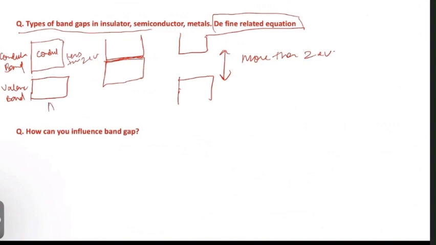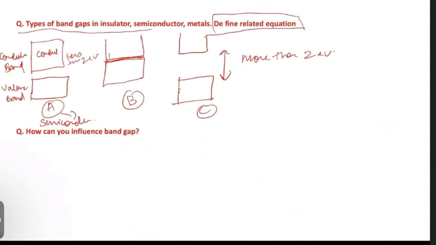So A belongs to which type of material? Is it an insulator, semiconductor or metal? Less than 2, it's a semiconductor. Yes, semiconductors. Right. Then B. B is metal, ma'am. It will have either partially filled or overlapping bands. It will be metal. Yes.